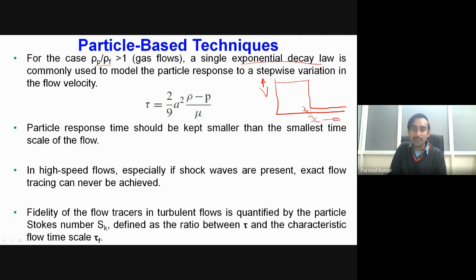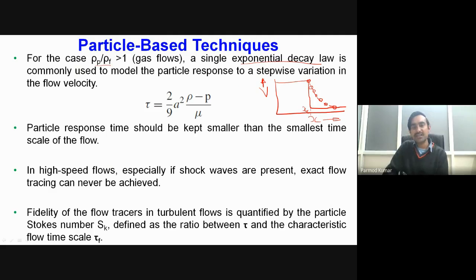Now while our particle is moving with the flow, at this particular location the particle will not immediately attain the flow velocity which happens in actual practice. Rather, the particle will show some exponential decay towards achieving this value. So it means that the tracer particles have some response time to adapt to the flow situation when we have sudden fluctuations in our flow field.